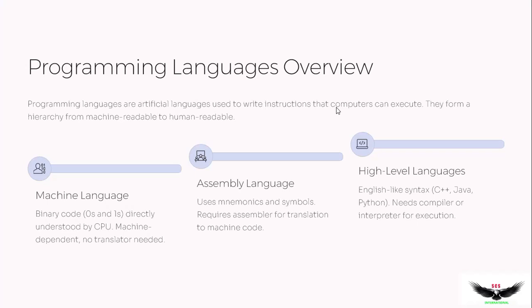Machine language is under the binary number system. It's directly understood by the CPU. It is machine dependent. Another programming language is assembly language.